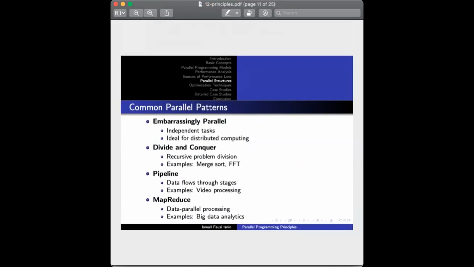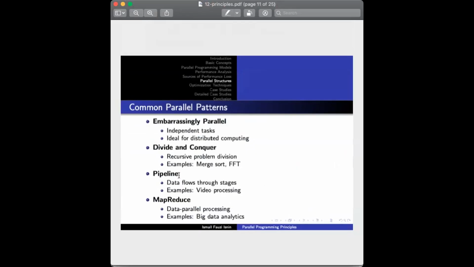Next, divide and conquer. This pattern recursively divides a complex problem into smaller subproblems, computes them concurrently, and then combines their results. Classic examples include merge sort and FFT, or fast Fourier transform.